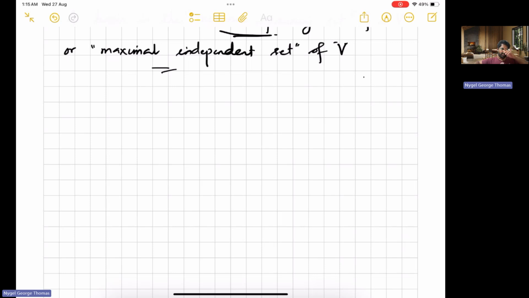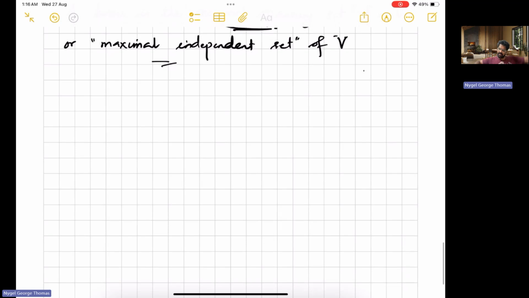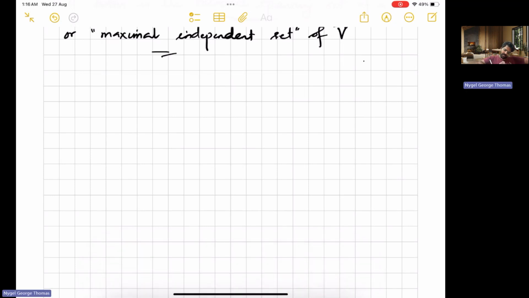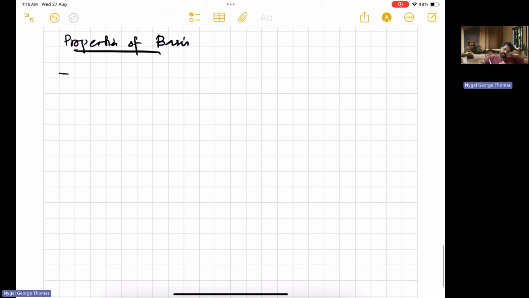So there are some properties of basis which we can look at now. Properties of basis. First thing is that a basis is non-unique.